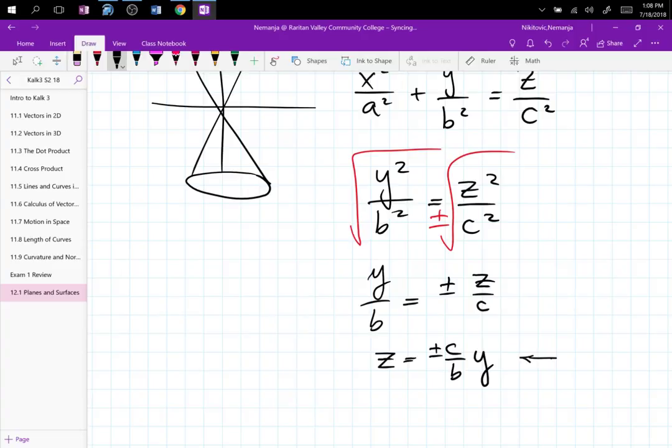That's a linear line through origin, right? Linear line through 0, 0. That's what it is.